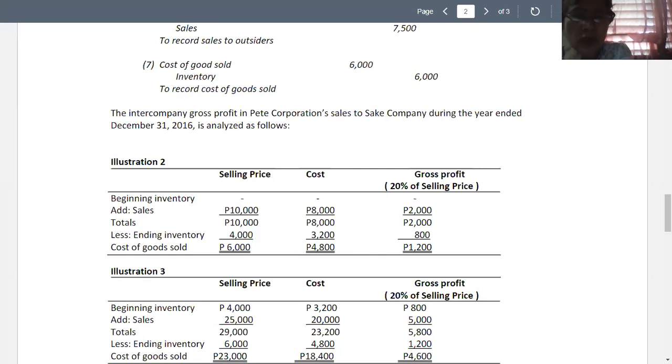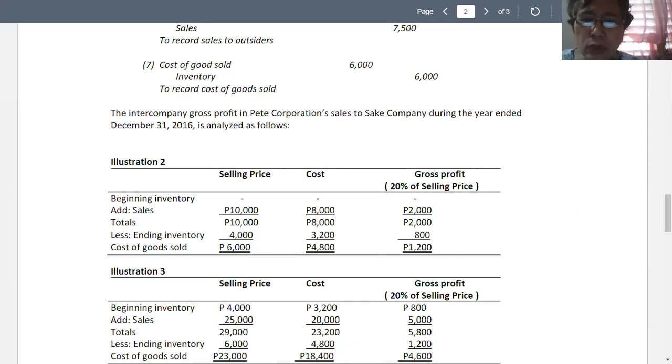Okay? So I hope you got the data, so we now go to illustration number 3. In illustration number 3, we begin with inventory of 4,000 and the cost is 3,200.